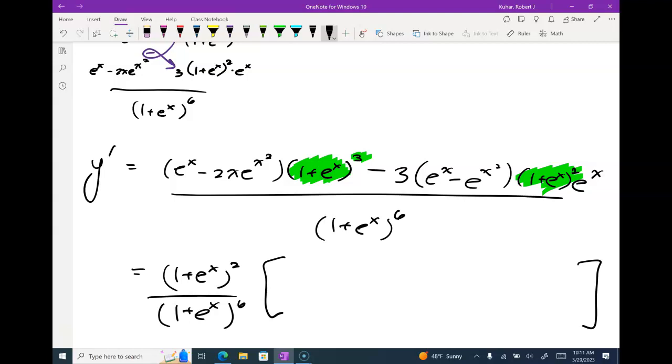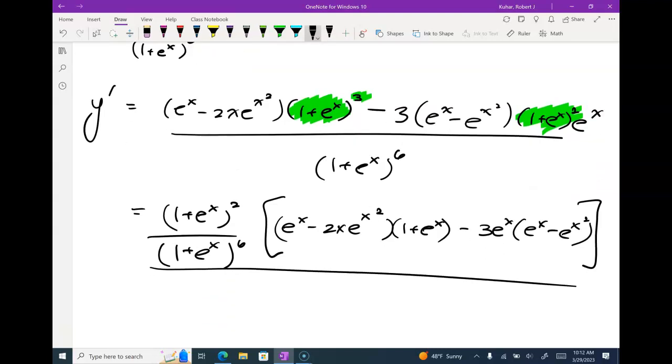But then what's left here now? So I have an e to the x minus 2x e to the x squared times another 1 plus e to the x. And then I have a minus 3 times an e to the x, right? I'm just looking at what's left over times another e to the x minus e to the x squared.